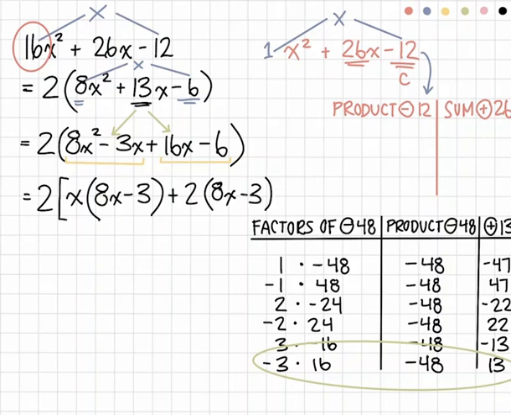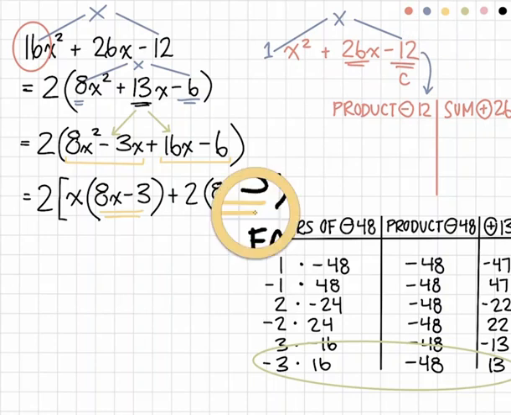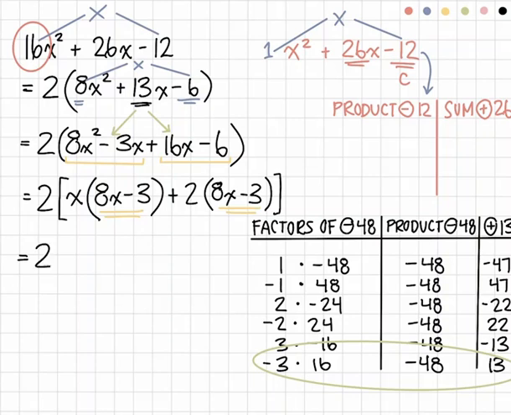Okay, do you see what we just did there? Do you see the binomial common factor? If you look right here, there is a binomial common factor. So what we're going to do is bring down our 2, and then I'm going to take that binomial common factor and write it in my first set of brackets.